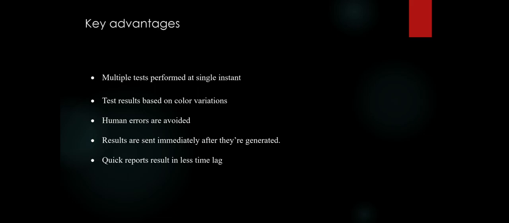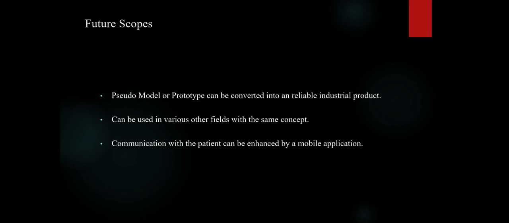This also saves time. Since this is a prototype, it can be converted in future into a reliable industrial product. It can also be used in other fields with the same concept, such as soil management, etc.